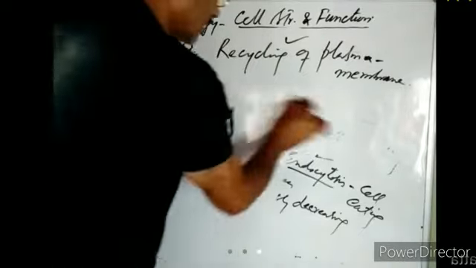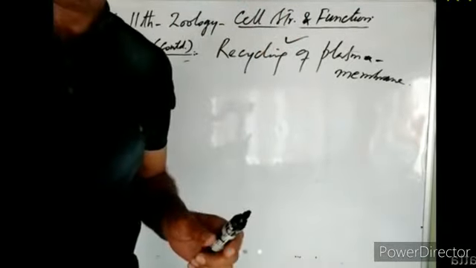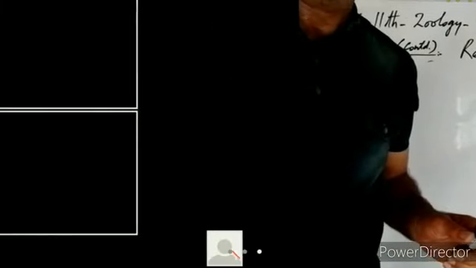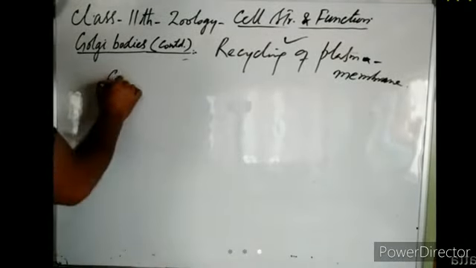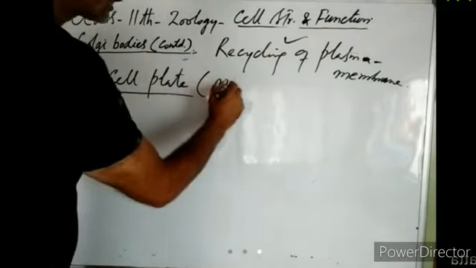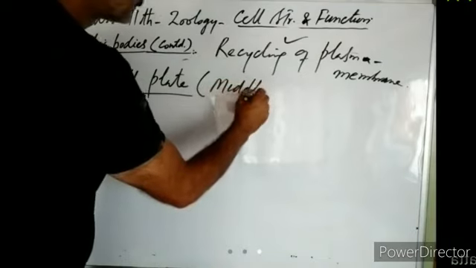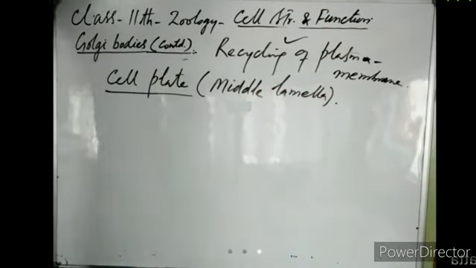What is the cell plate also known as? We also call it the middle lamella. The Golgi body is also involved in formation of the cell plate, the middle lamella, in plant cells.